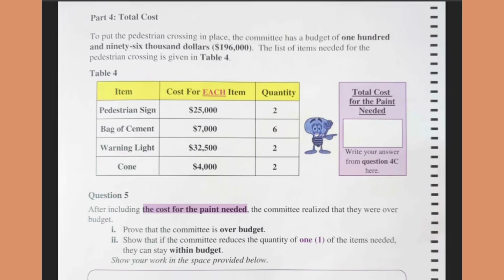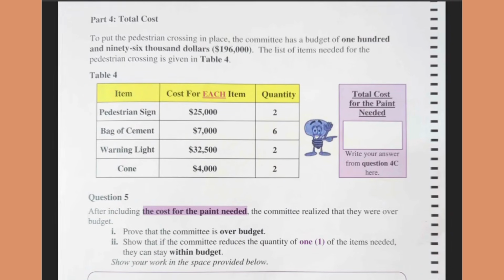Now let us continue. Part 4, the total cost. To put the pedestrian crossing in place, the committee has a budget of $196,000. The list of items needed for the pedestrian crossing is given in the table below. So we see the items, pedestrian sign, the cost for each item is listed.